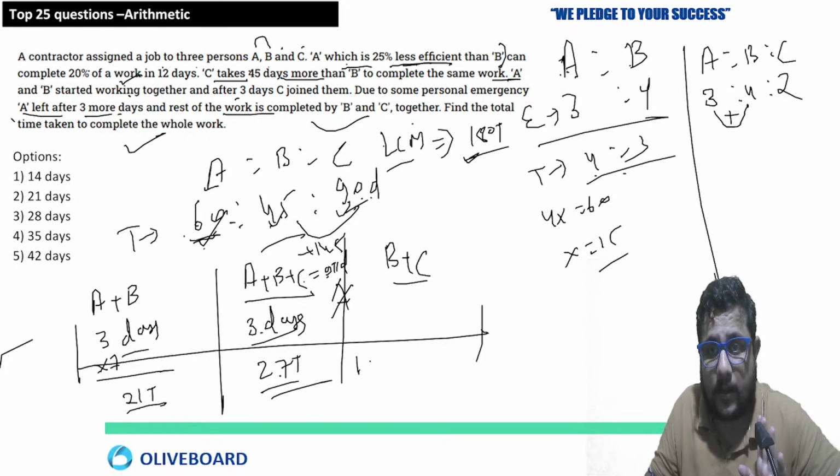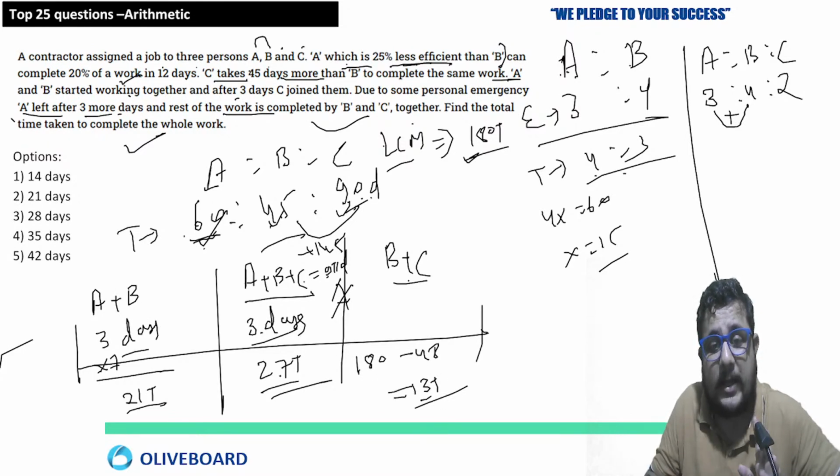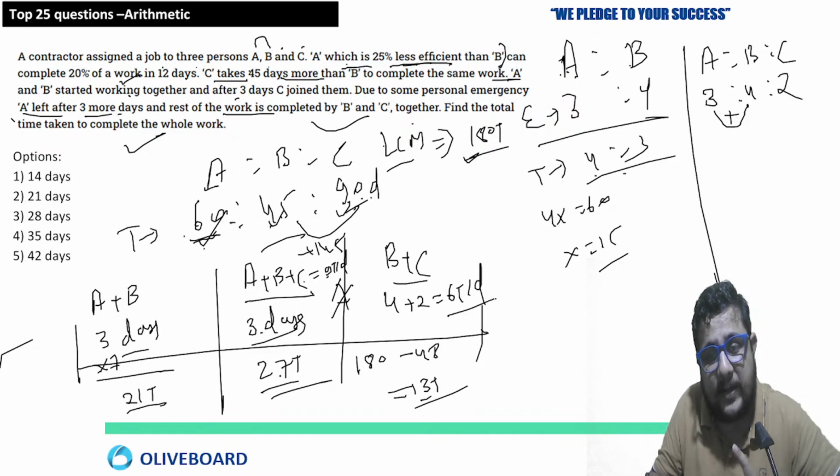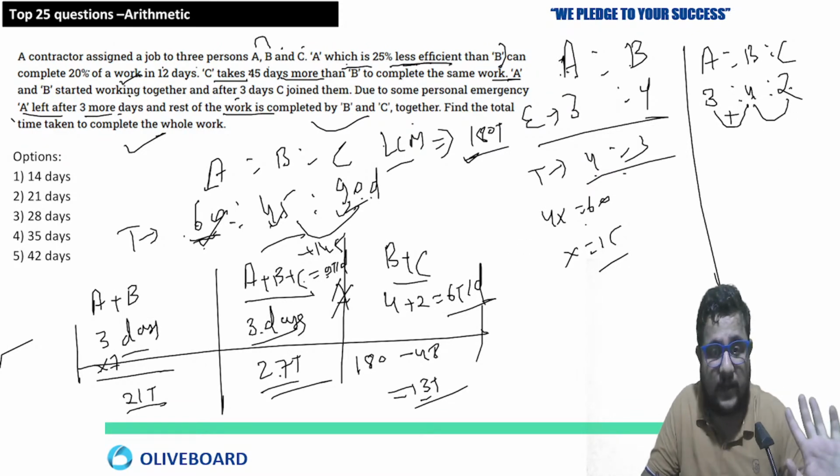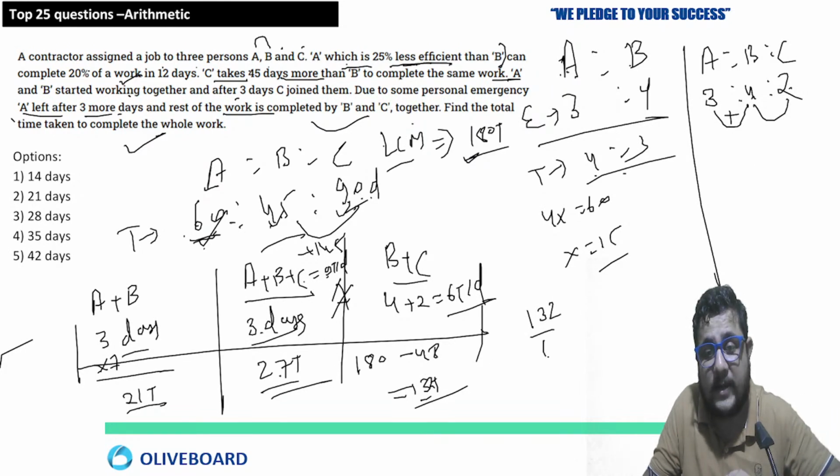Yeah, 180 minus 48, so 132 cups of tea. And B and C will finish that. So 4 plus 2, 6 cups of tea per day they can have. So 132 cups of tea in how many days? 132 by 6, 22 days.